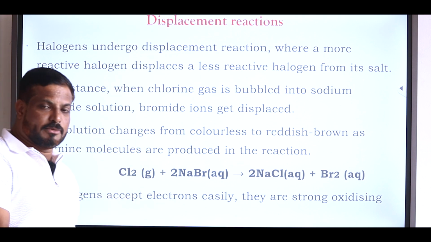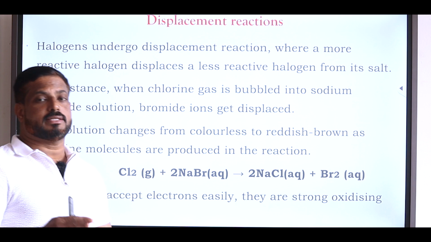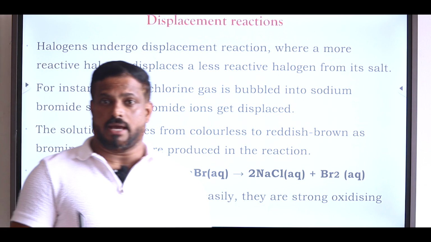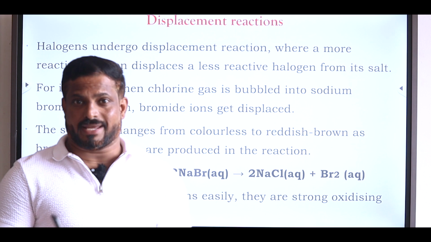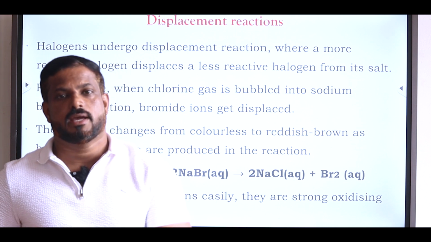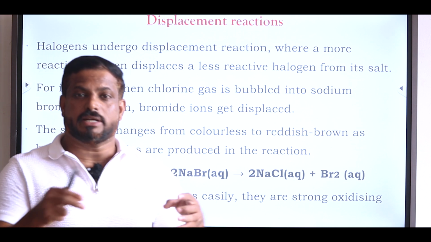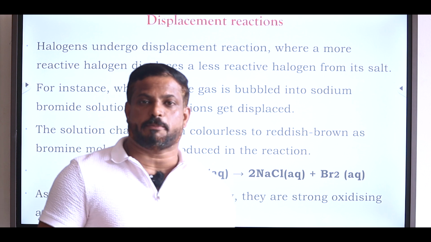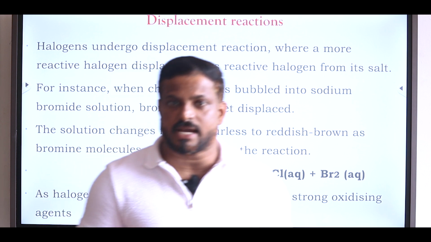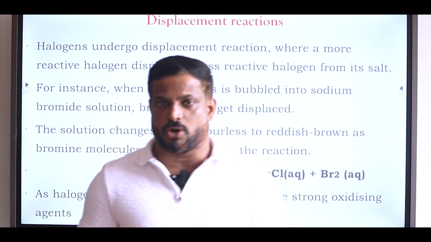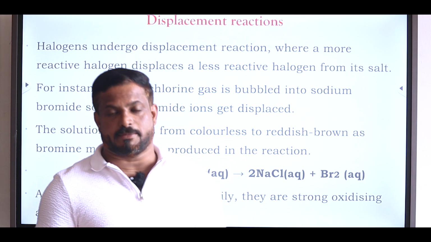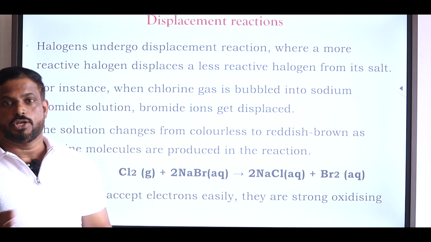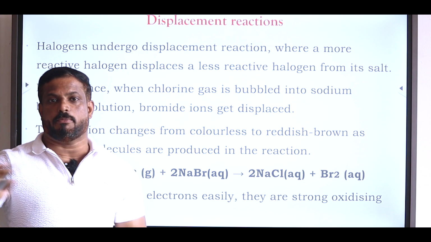Between bromine and chlorine, chlorine is more reactive, so chlorine cannot be displaced by bromine. But when you take chlorine gas and mix it with potassium bromide, chlorine is highly reactive compared to bromine. So chlorine will displace bromine from potassium bromide, and ultimately you will get potassium chloride and bromine will be displaced.